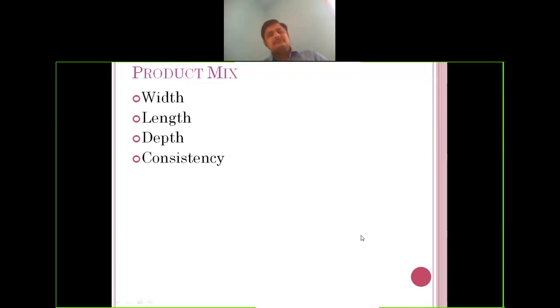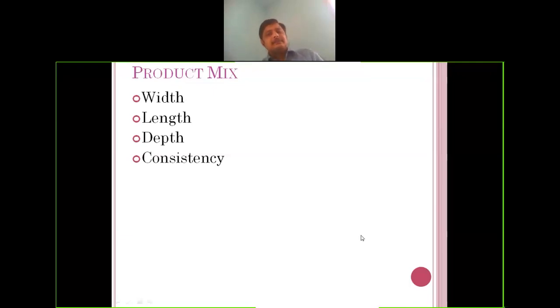Here, the most important thing to understand is product width, length, depth, and finally consistency. So, what exactly is width all about?